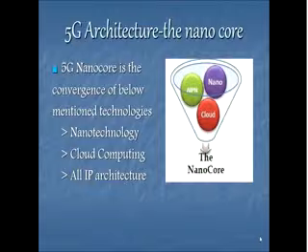What Nicholas Negroponte labeled the transformation of atoms to bits, the digitalization of all media content. When words, images and sounds are transformed into digital information, it expands the potential relationship between them and enables them to flow across platforms. The 5G nanocore is a convergence of the below-mentioned technologies.